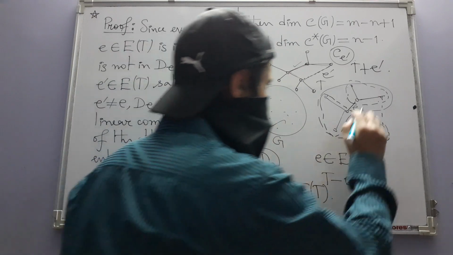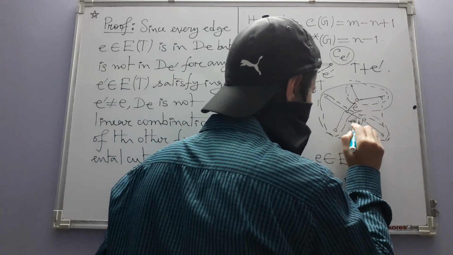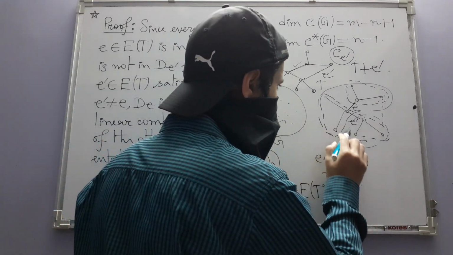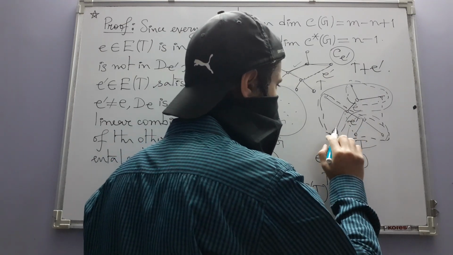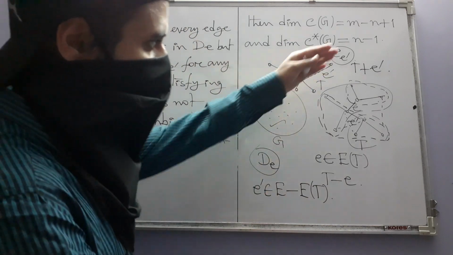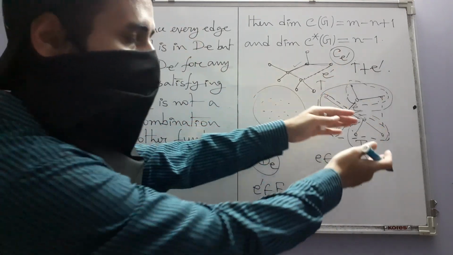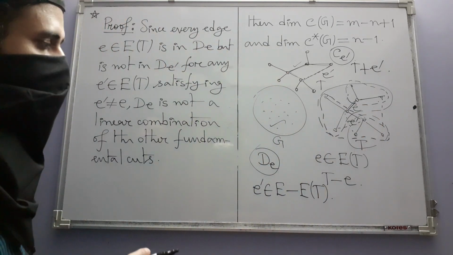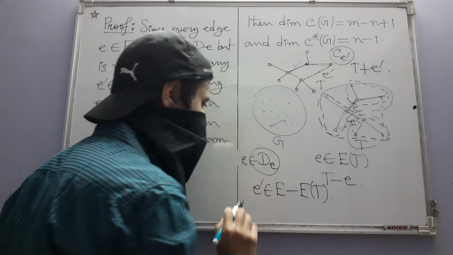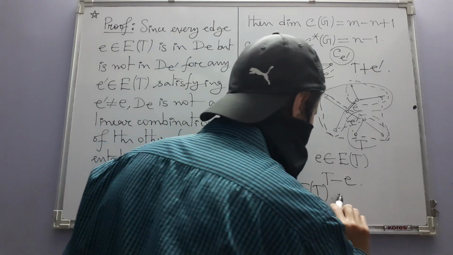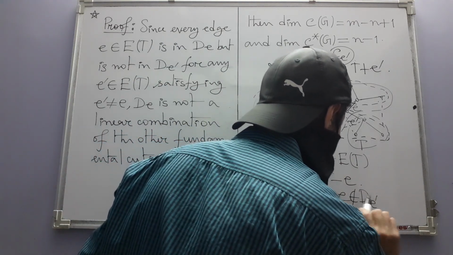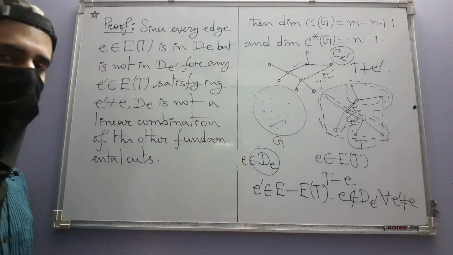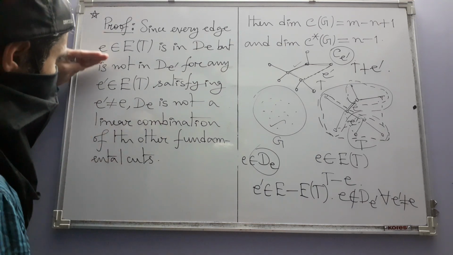Now, if this edge which you deleted here is in fact your E prime, then if you go to G and see what original edges lie between this component and this component that you get after deleting E prime, none of those edges is E. That's why E belongs to DE, fine, but at the same time E does not belong to DE prime for all E prime not equal to E.